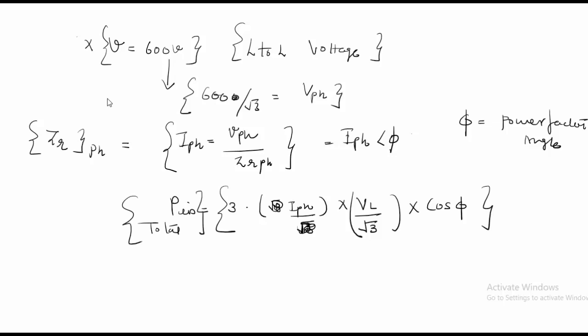And then your power developed was equal to 1 minus S into power across the gap.